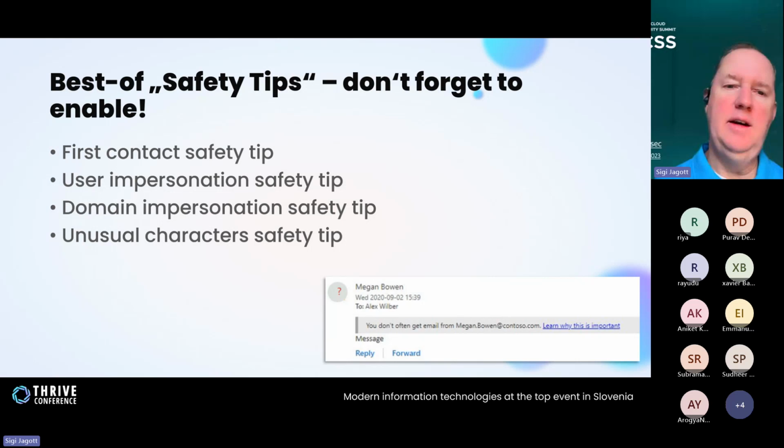So weird characters in a display name or in an email address normally look suspicious. If you get a big sign here that says, take care with this email, then your users hopefully look at that and say, okay, I will be careful with this email.